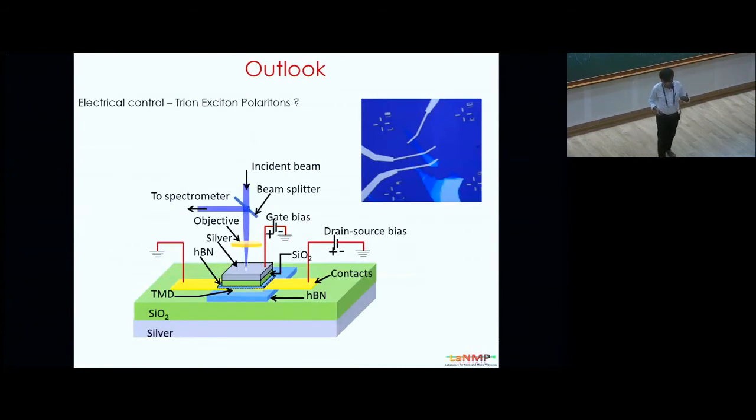One of the advantages of these TMDs is they also show trions. And the trions are charged, so it's an electron-hole pair with an extra electron or a hole. So they're charged, which means that now you can use an electrical field to control their transport. So this is a setup that we use. I must say that there are some discussions in the community on the semantics, whether it's a trion polariton or is it a polaron.